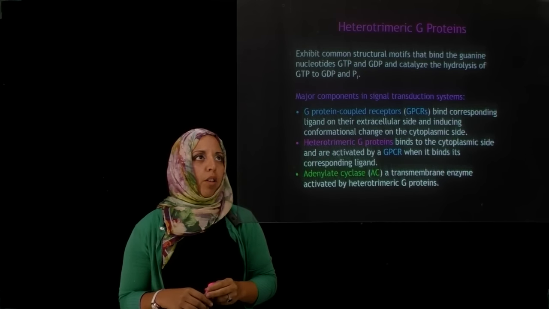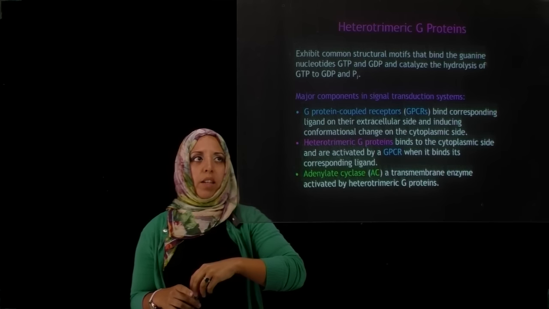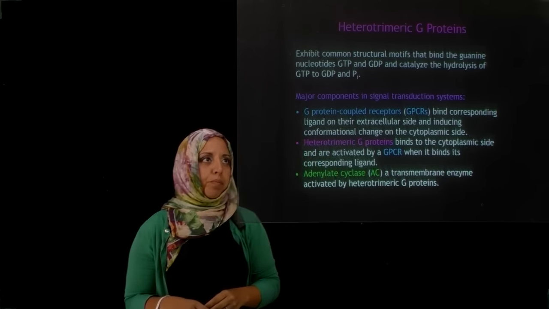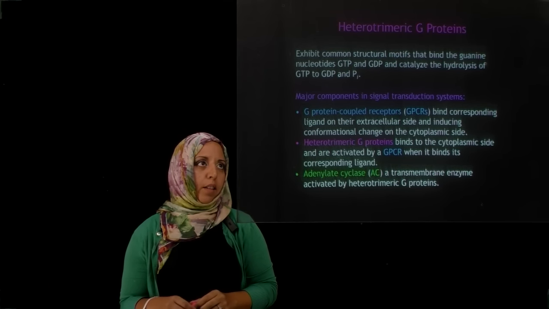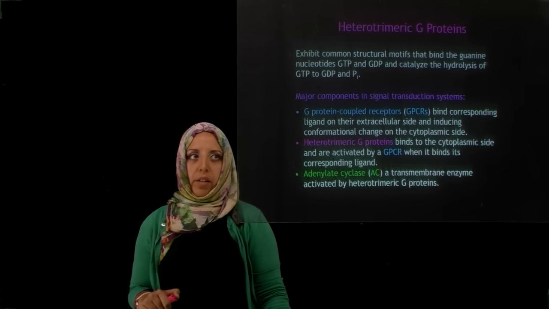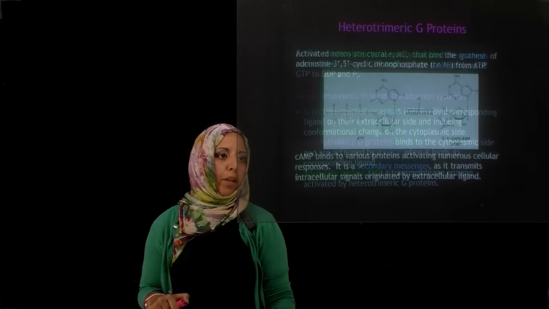We'll take a look at how the heterotrimeric G protein is activated when bound to GTP, and when bound to GDP, it is inactivated. We'll talk about all of those in detail in a minute.